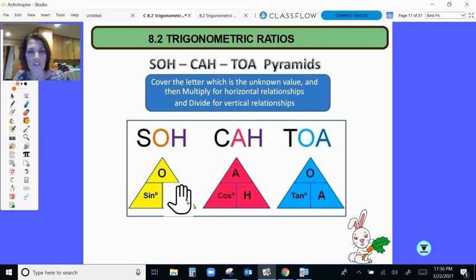If I'm missing the hypotenuse, I know I'm going to take the opposite side and divide by the sine of that angle. If I have a cosine, same thing. If I'm missing my hypotenuse, I'm going to take my adjacent side and divide by my cosine of my angle. If I'm missing the adjacent side, I'm going to take my cosine of the angle and multiply by the hypotenuse. This is kind of a fun little trick, these little triangles they have, but you have to remember how to set them up.